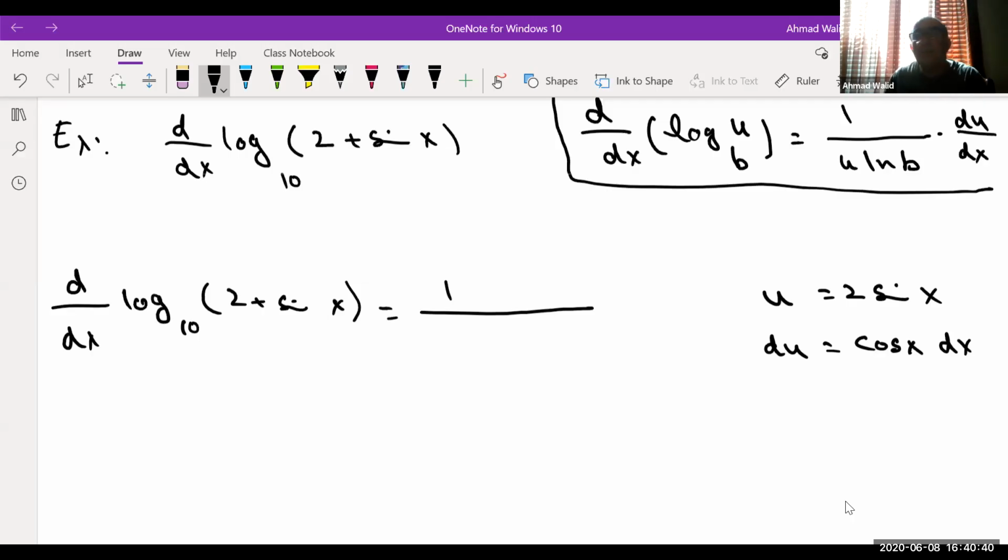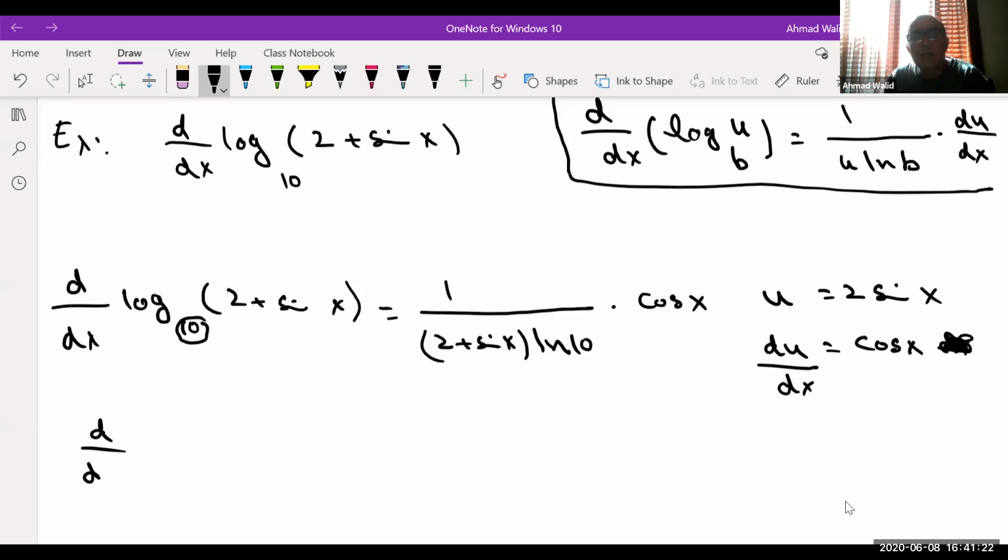Or, we are dealing with derivatives, let's write this way: du over dx is cosine x, right? Then 1 over, you see in your formula, you have 1 over u. Your u is 2 plus sine x times ln b. How much is your b? Your b is 10. Times du dx. Your du dx is cosine x.